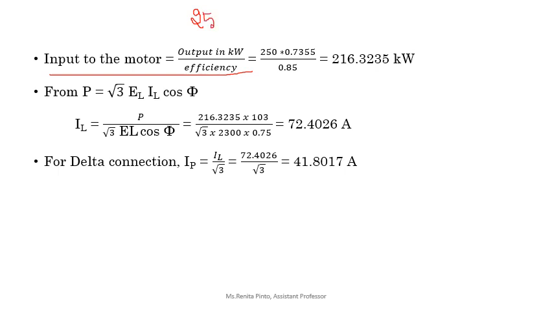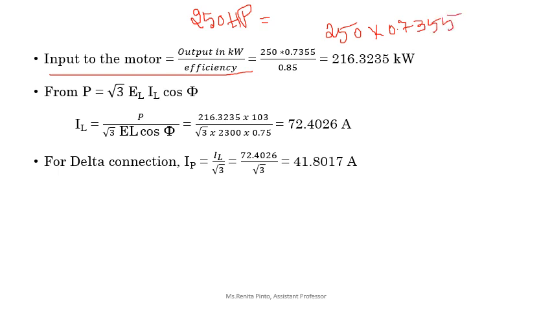Now I want the answer in watts, so I'll convert this HP into watts. 1 HP is equal to 0.7355 kilowatts, so 250 HP will be 250 into 0.7355 kilowatts.